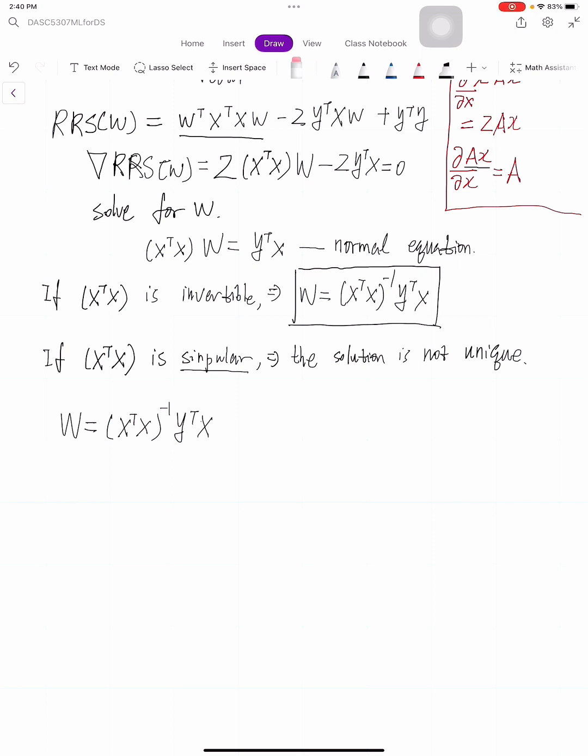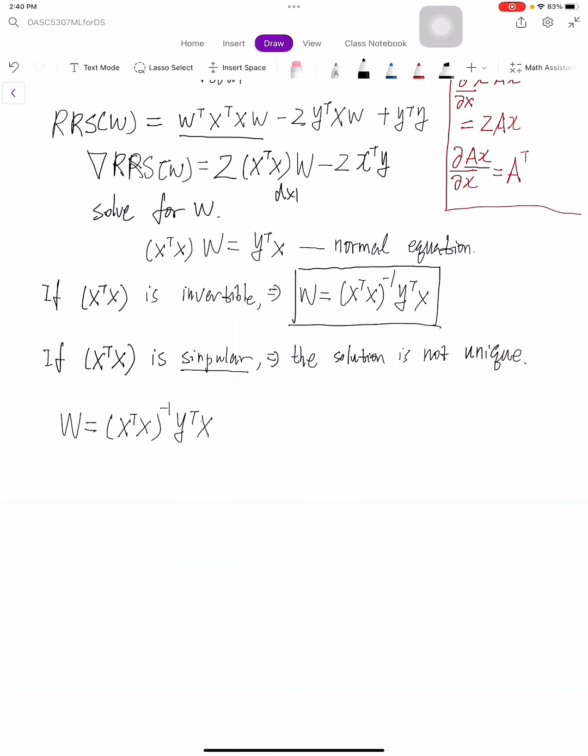I forgot to add the transpose here. So this should not be this one, but the transpose of this one. Otherwise, the dimension does not match, because this will be 1 times d, but here we have d times 1. The dimension does not match. That's usually where you find the errors in your matrix calculation, so you need to at least match the dimensions. So here it is X transpose Y.